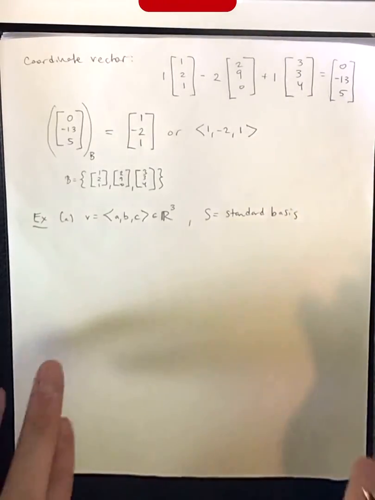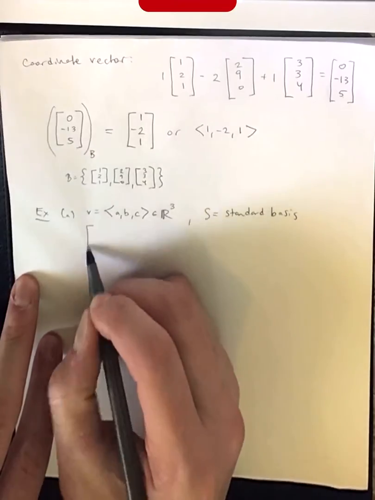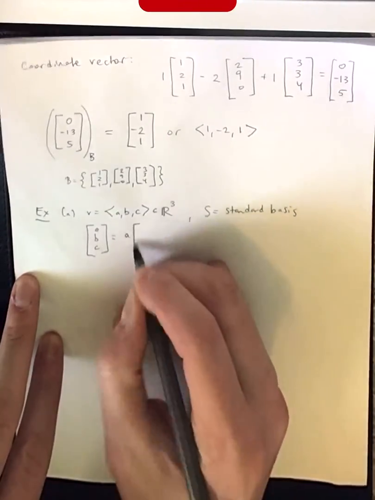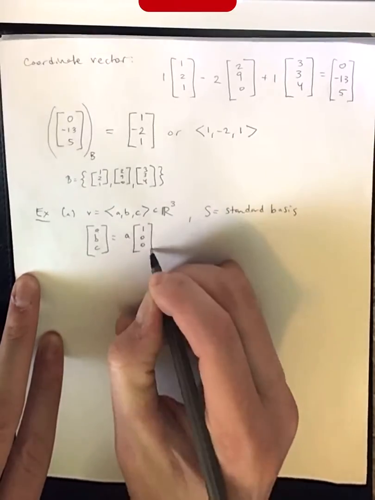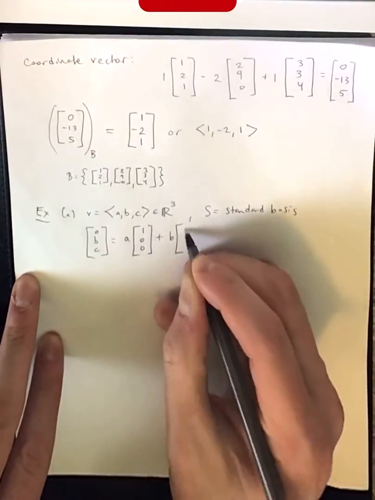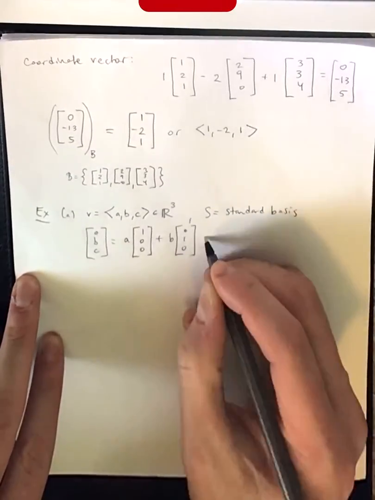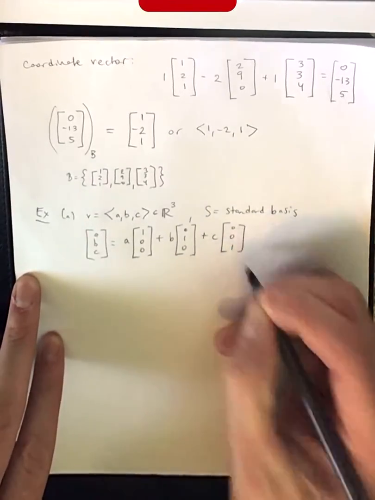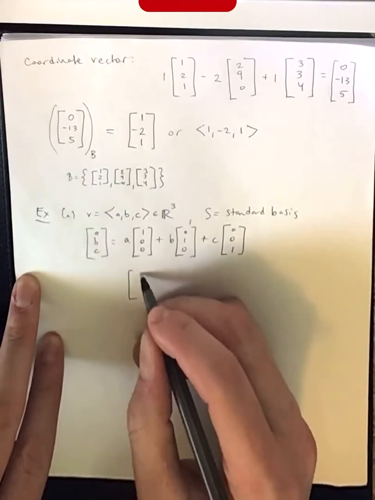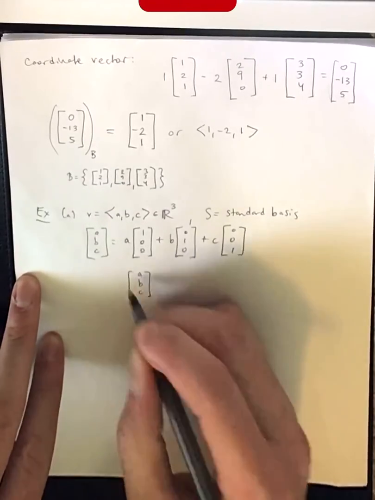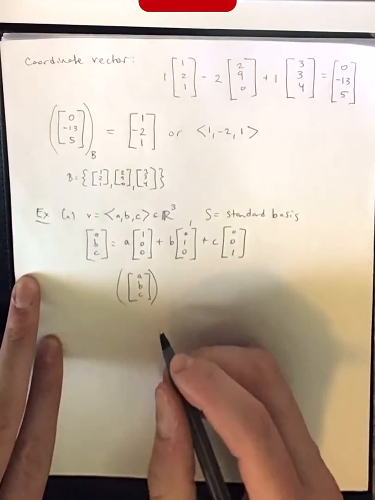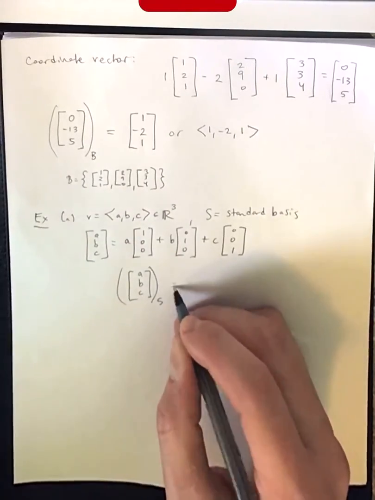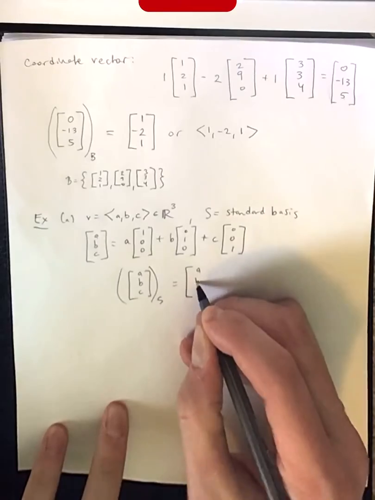Well, I just mentioned that, right? For example, ABC is A times 1, 0, 0 plus B times 0, 1, 0 plus C times 0, 0, 1. And so ABC, that vector, its coordinate vector, so let's say relative to S, is actually still the same thing.